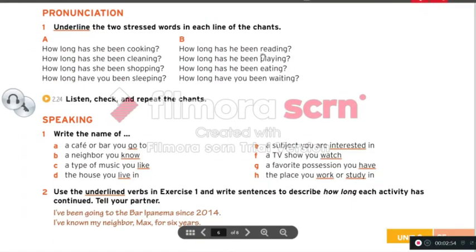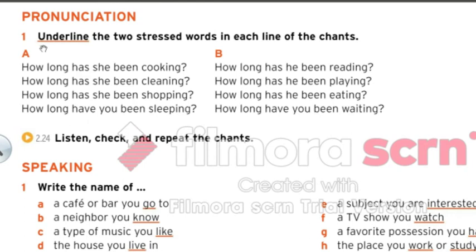Now, in the pronunciation topic, we have underline the two stressed words in each line of the chants. So over here we have two chants, and in each line there are stressed words. You're gonna try to guess which words are the stressed ones. Remember, stressed words are the ones where the sound is higher than the other words.